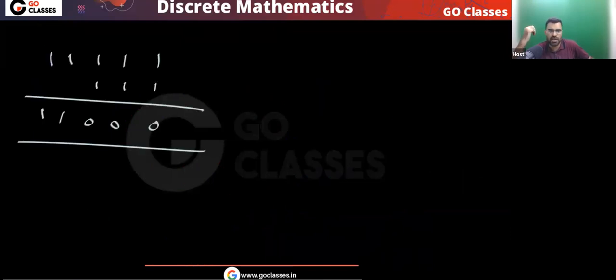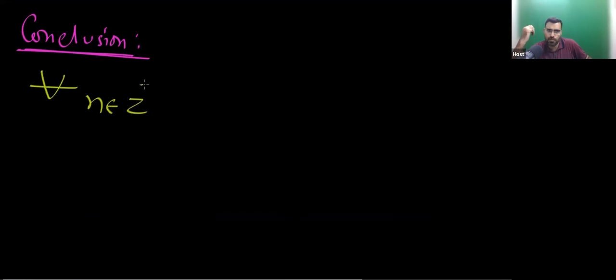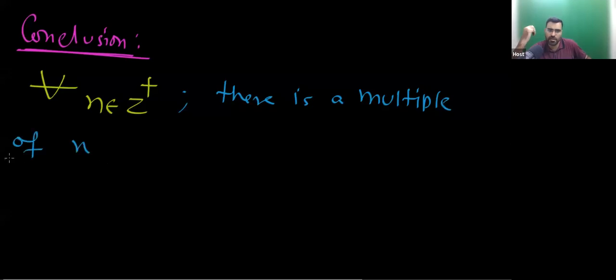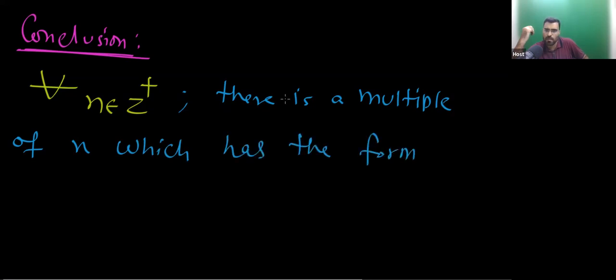Okay, so this is the final conclusion. This conclusion, if you want, you can remember. The conclusion is that for all n, which is a positive integer, there is a multiple of n which has this type of form.